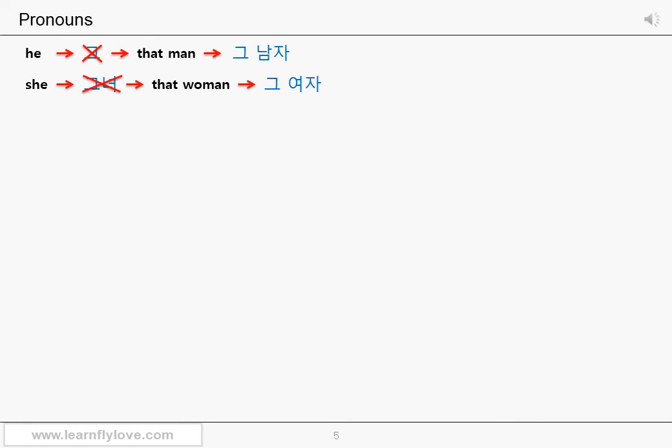If you want to use something gender neutral, you can use that person, 그 사람. How about the pronoun they? We have a direct translation of they in Korean as well, which is 그들. But this one is not used in spoken Korean either. Same reason. Instead, you can use those people, 그 사람들. Now you know why I said we didn't really use the actual pronouns in Korean, right?